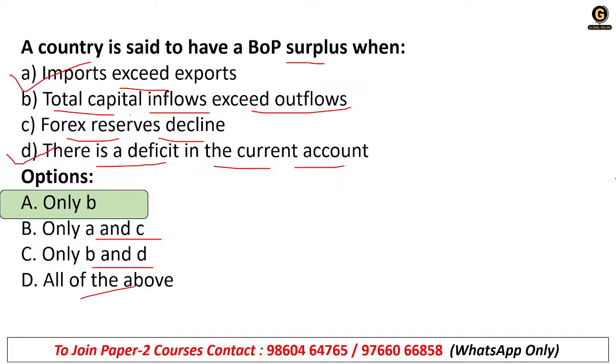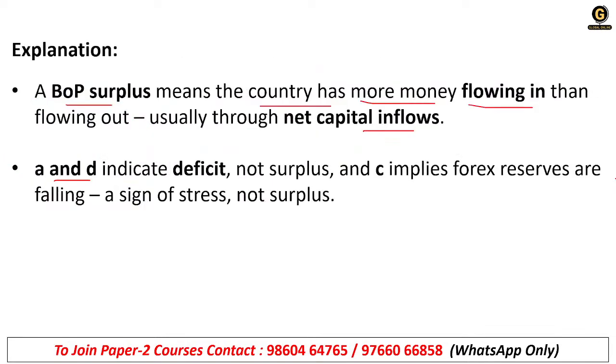So it is not a component considered in the surplus. Imports exceeding exports and a deficit in the current account, option D, both indicate a deficit. Getting it? When the outflow is maximum, that means it is a deficit. We are importing more than we are exporting, not a surplus.